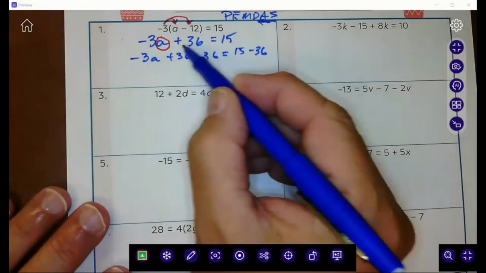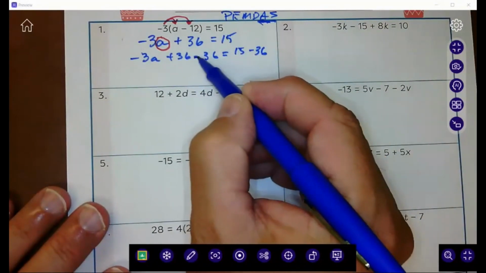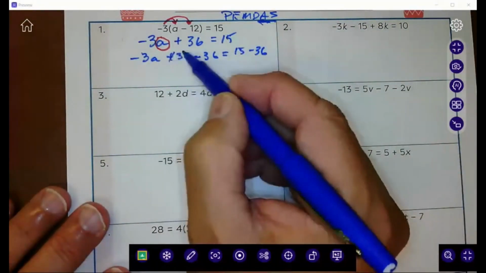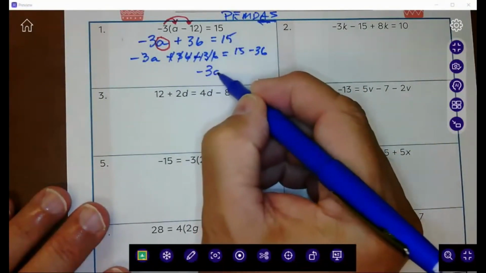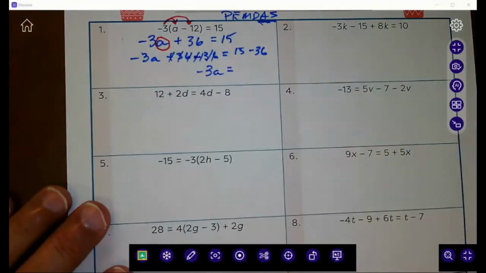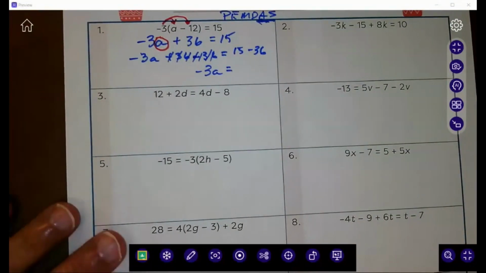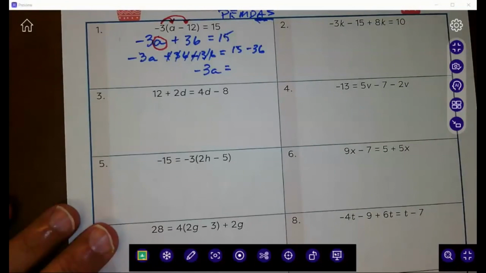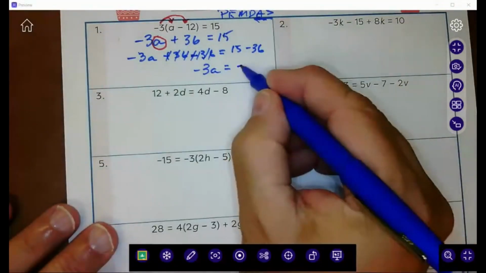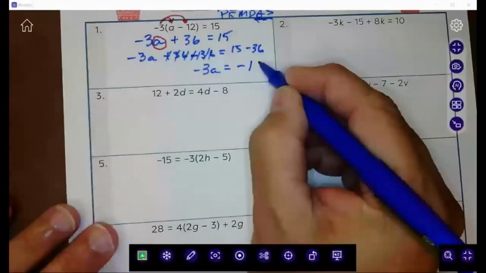So we undo that by subtracting 36. These add out to 0. So we're left with negative 3a, and a positive 15 and a negative 36 gives us a negative 18.